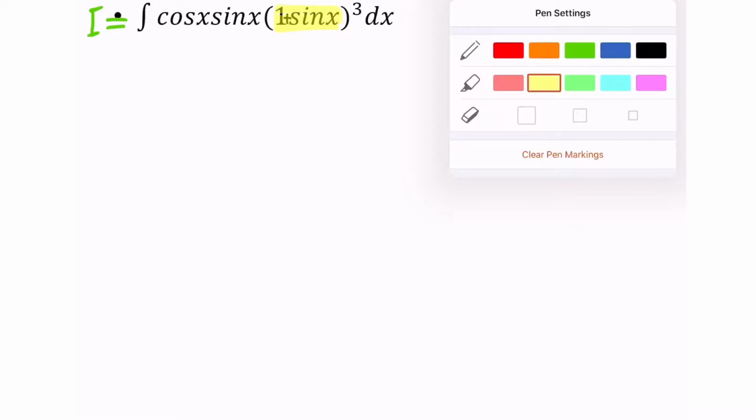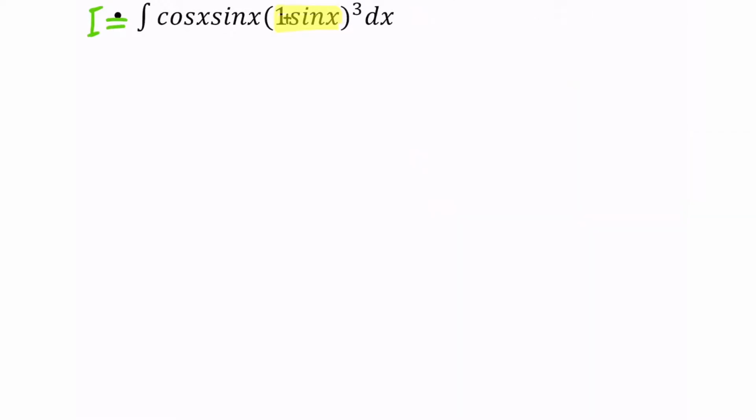Then I'll say, there you go, which color? Blue. So let's say u equals 1 plus sine x, and therefore we need to find dx, so we'll do du over dx. We differentiate u, which is, what's the derivative of the sine? Is cosine, yeah?